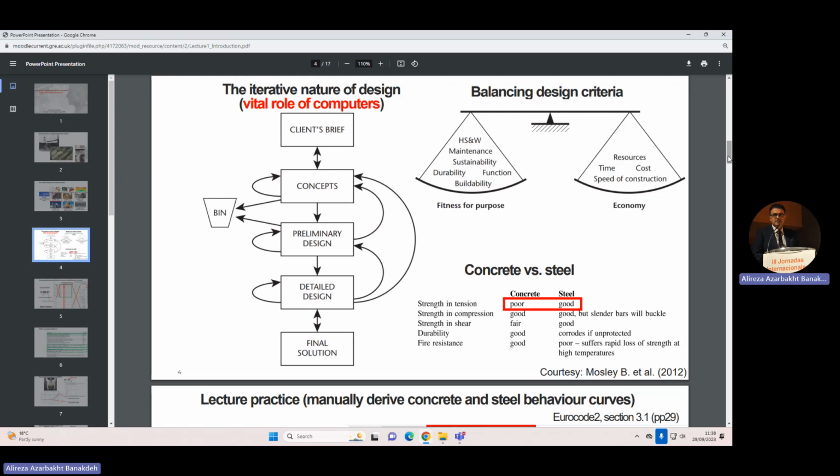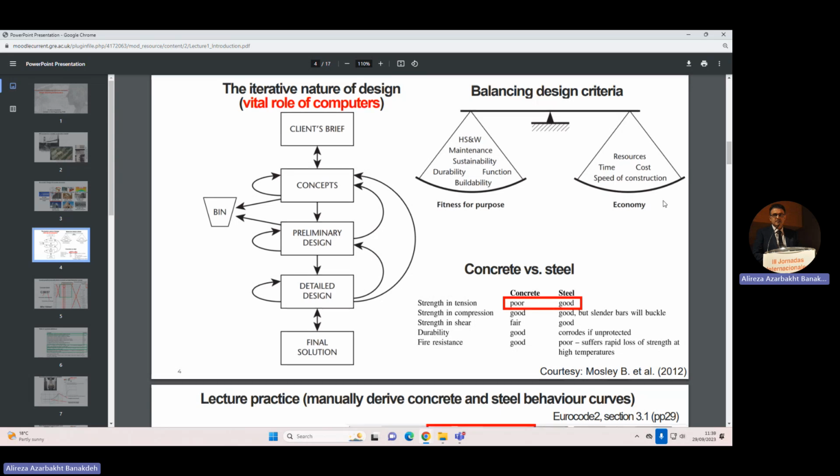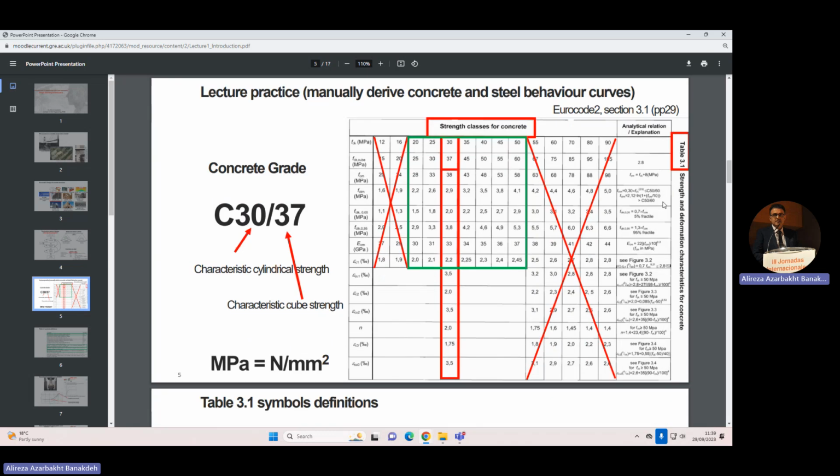We can do the same here. Concrete is poor in tension, but if we mix these together to make a reinforced concrete section, it's a kind of disaster to opportunity. We will have a mixed type of section which carries both types of loads very well.